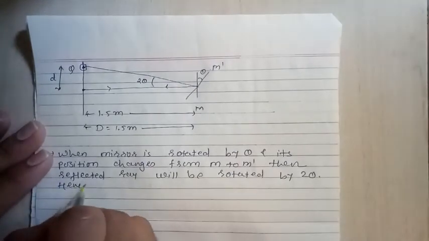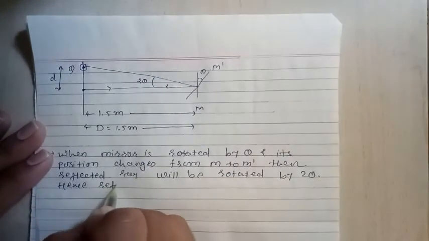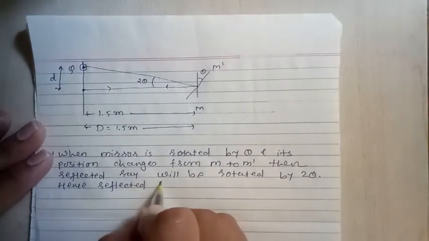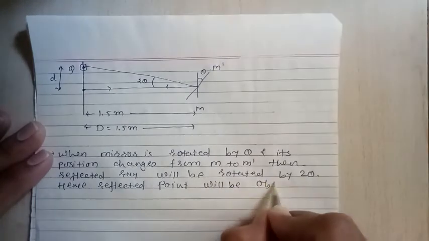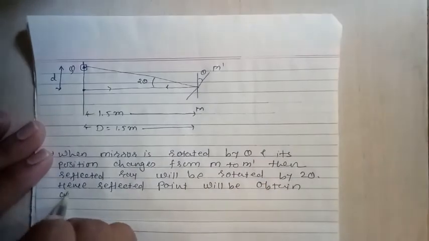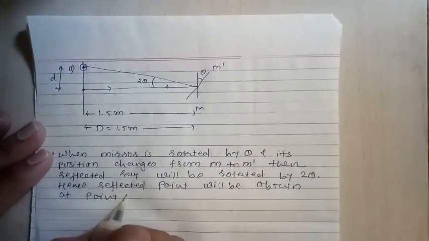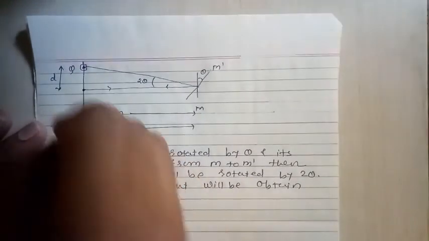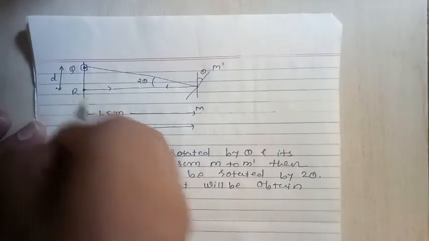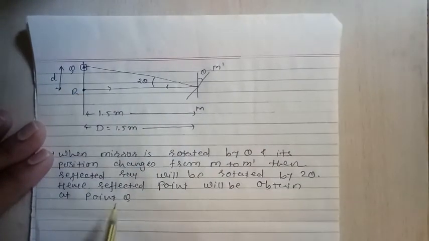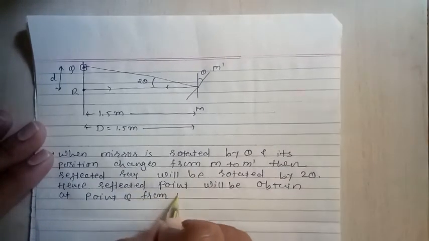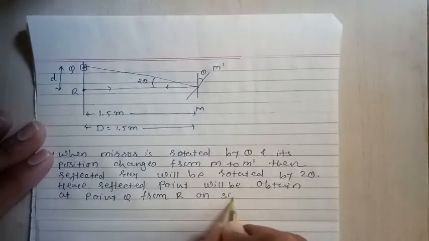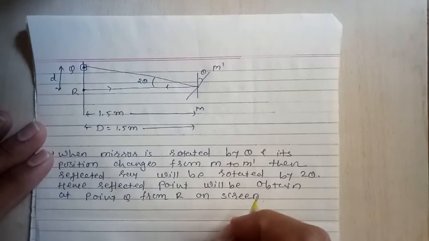Hence the reflected point will be obtained at point Q. In the initial condition the point is R, so we can say that point Q is displaced from R on the screen.